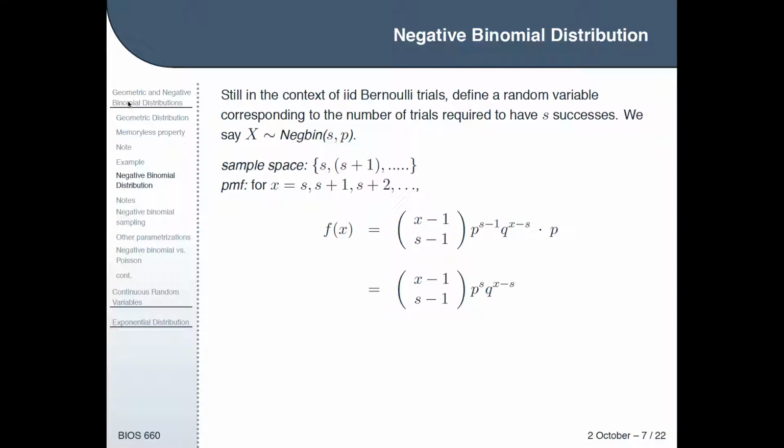And the probability mass function, again, this is something that you've calculated, I think, on both homeworks and exams by now, and most of you did it correctly.